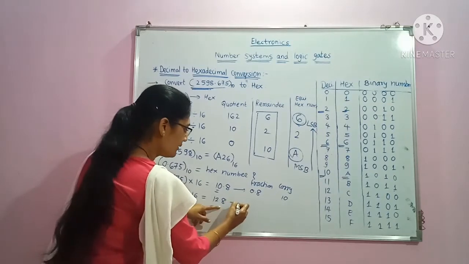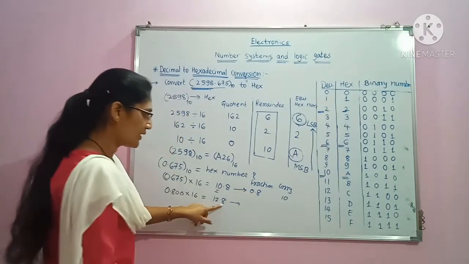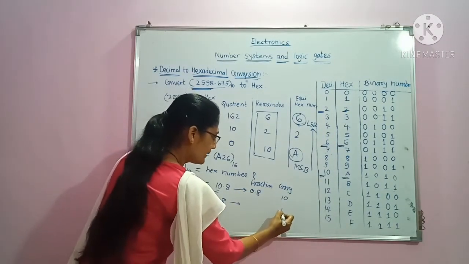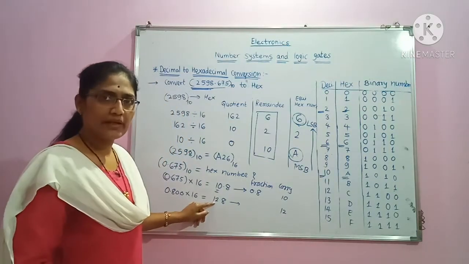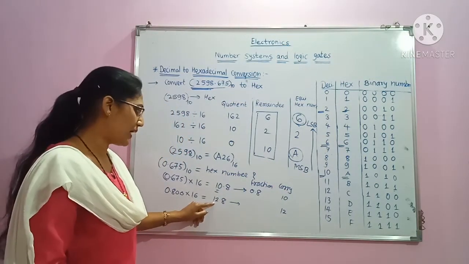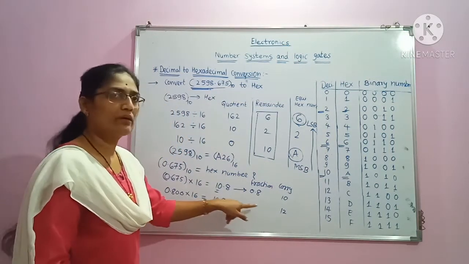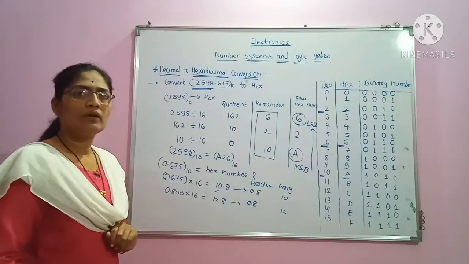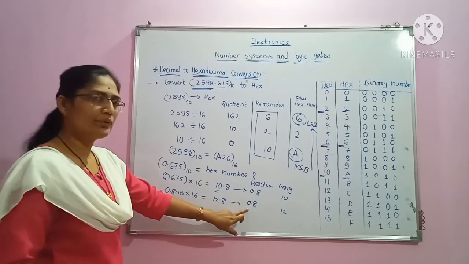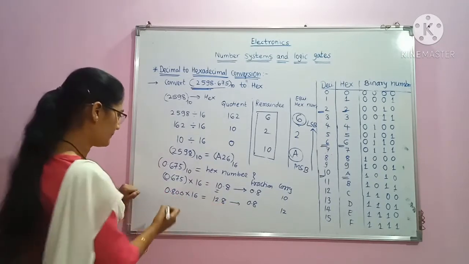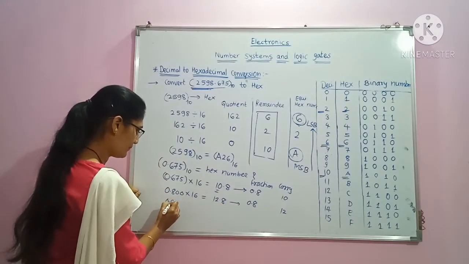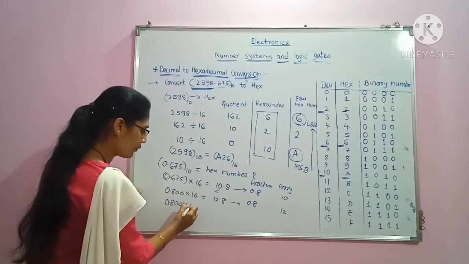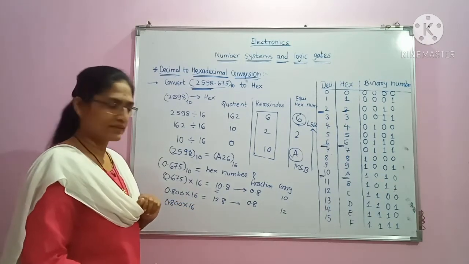So again, if I differentiate it, then this 12 will become the carry as it is an integer part, and 0.8 will become the fraction. Now again I have to take this 0.8 and multiply it with 16.